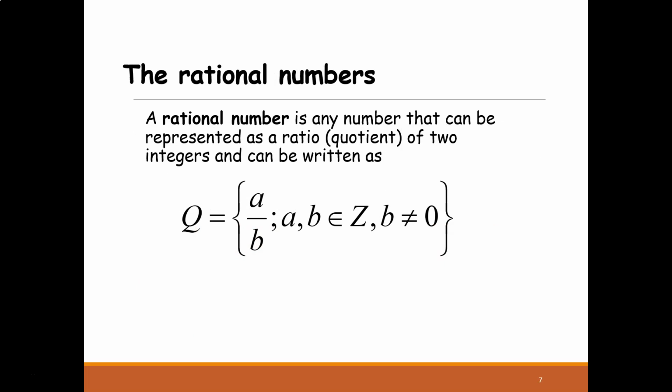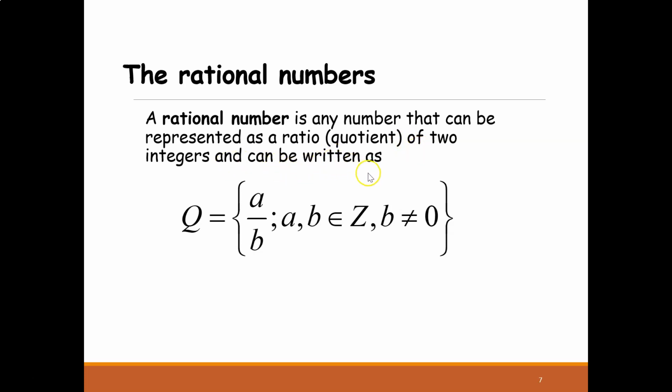Then we move on to the next type of numbers, which is the rational numbers. Nombor rational. A rational number is any number that can be represented as a ratio or quotient, ratio dalam bentuk nisbah, of two integers.